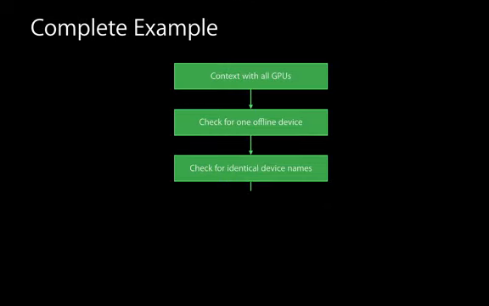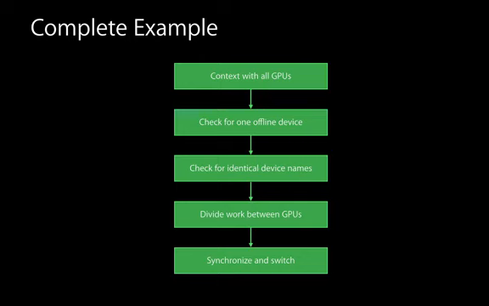So let's look at a complete example of everything that you have to do in an application. The first step, of course, was to create a context that contains all the GPUs. The second is to check and see if you have an offline device. So if you're on a Mac Pro, you should have one device that's online and one device that's offline.